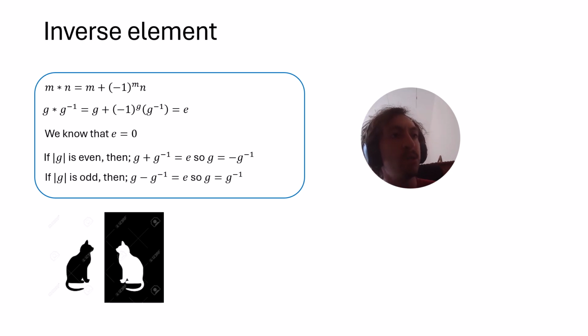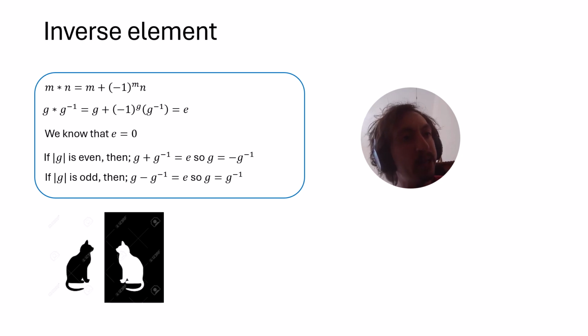Now, if the magnitude of g is odd, then an element is actually equal to its inverse element. So for some groups, you can have situations where an element is equal to its inverse. And that can actually be for quite a few elements in a group, depending on how the group is defined.